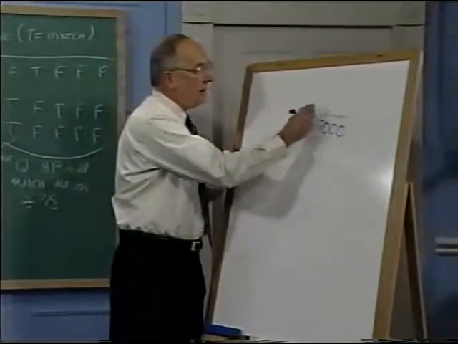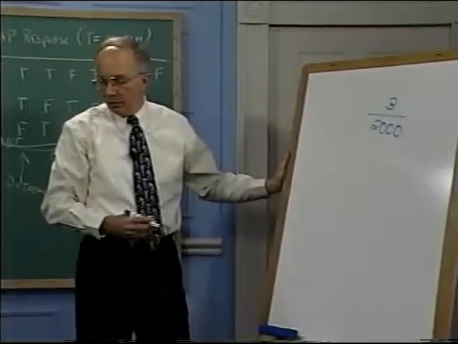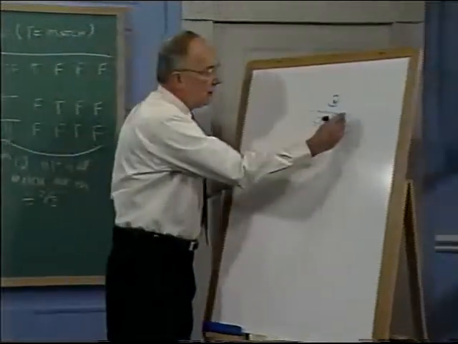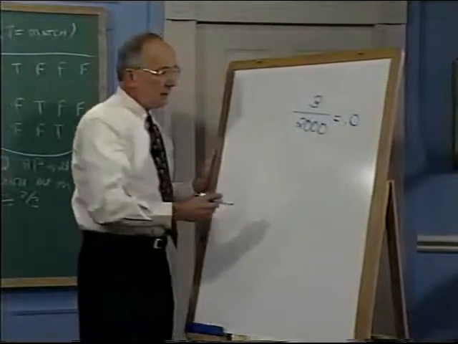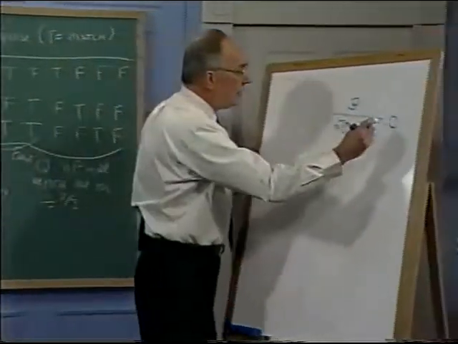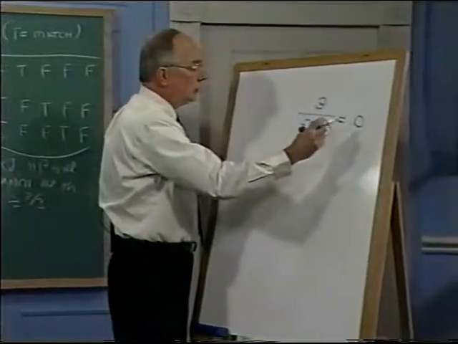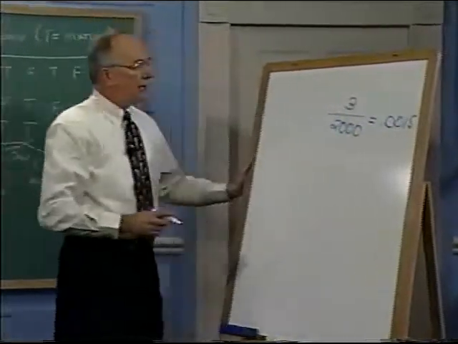and I find 3 of them defective, okay? That means I have a defect rate of about 3 in 2,000, which relates to less than 1%.